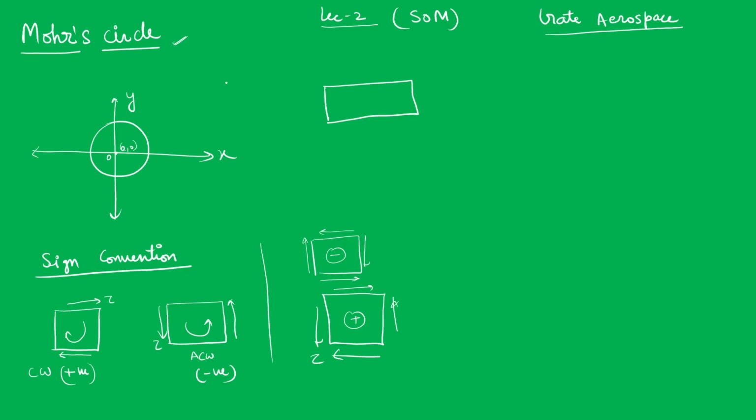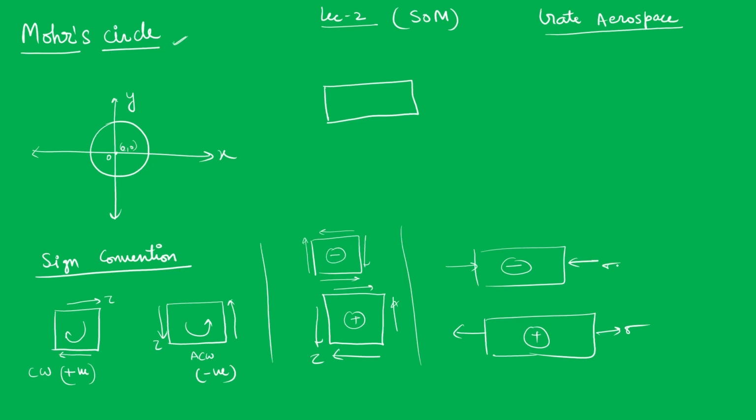Now, let's come back to the Mohr circle. For the normal stress in the Mohr circle, it is the same as the normal: this will be my plus, and this will be the minus, the positive and negative sign convention. Now let's come back again to the Mohr circle.